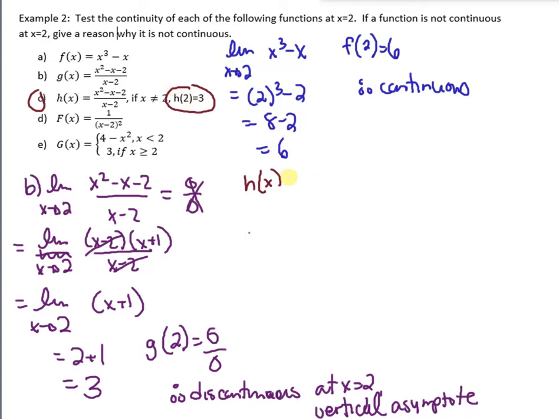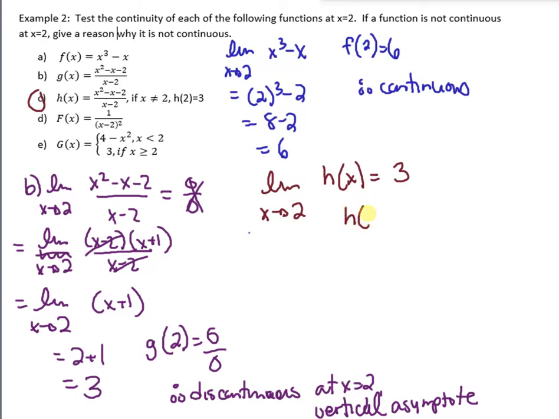So we knew that the limit as x approaches 2 in this case, and let's call this h of x, we know from question B that it equals 3.